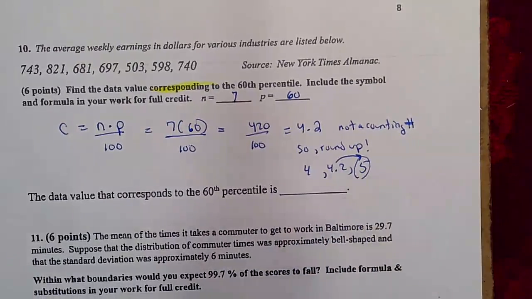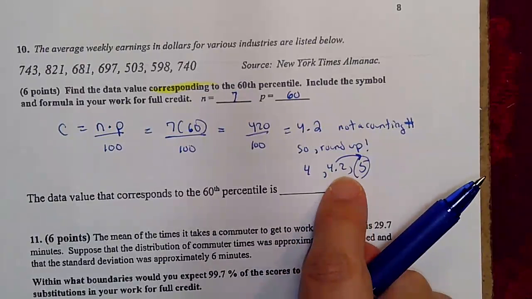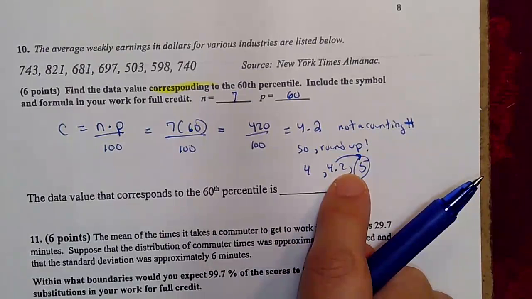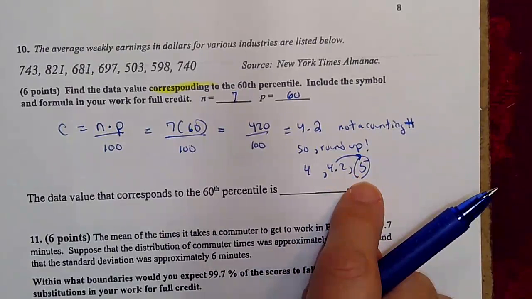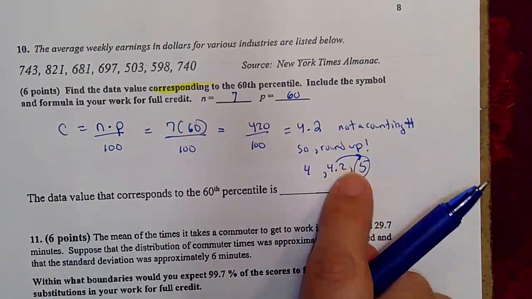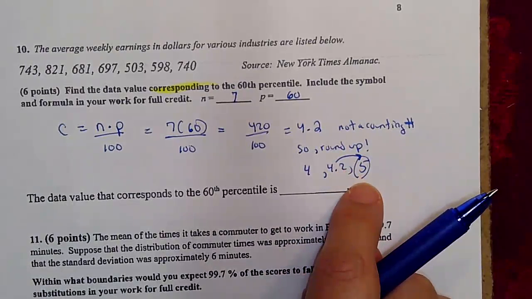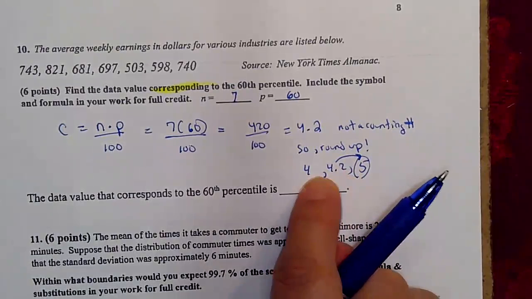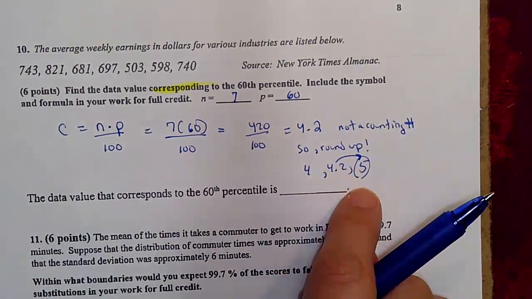It wouldn't matter, even if this had been 4.5 or 4.7, rounding up still takes you to 5. It is 4.1, 4.2, 4.3, still takes you to 5. That's how you round up. So this decimal is between 4 and 5, and you round up to the next counting number. So you round up to 5.